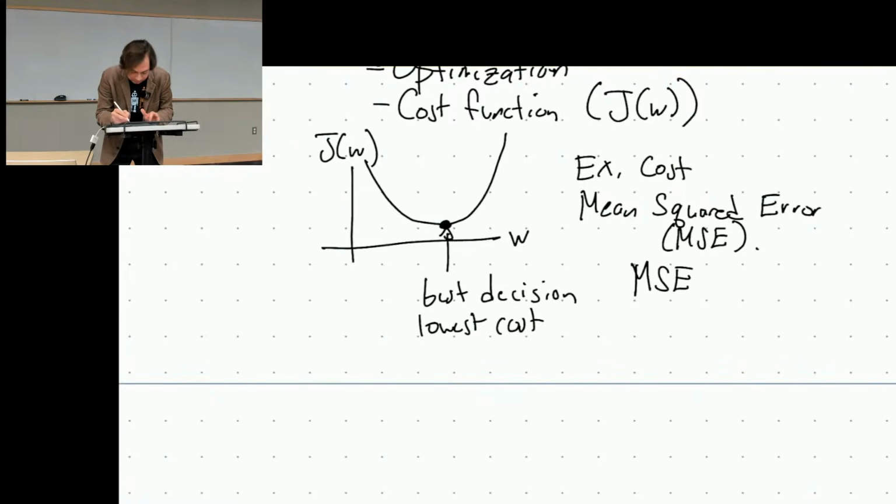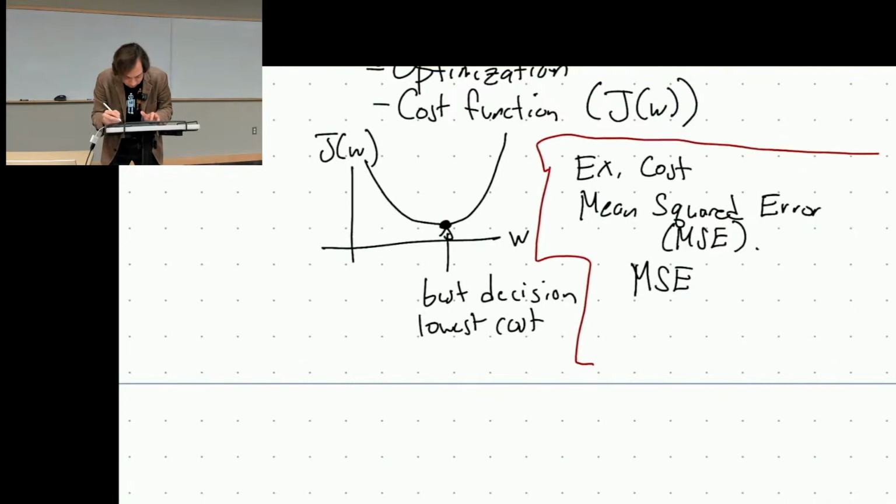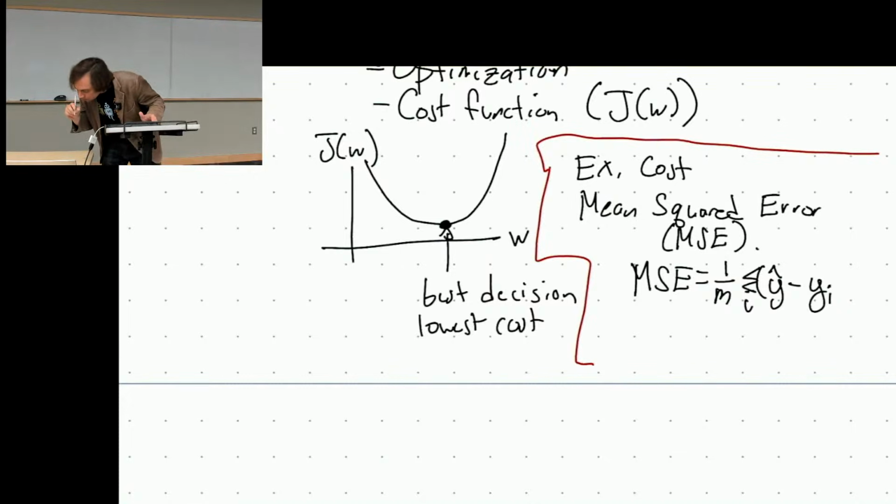put this in the corner as an example, that if you have some number of data points, m, so it's 1 over m times the sum across all your data points of your prediction of what that data point is minus your actual data point, for all your data points, and you square it.